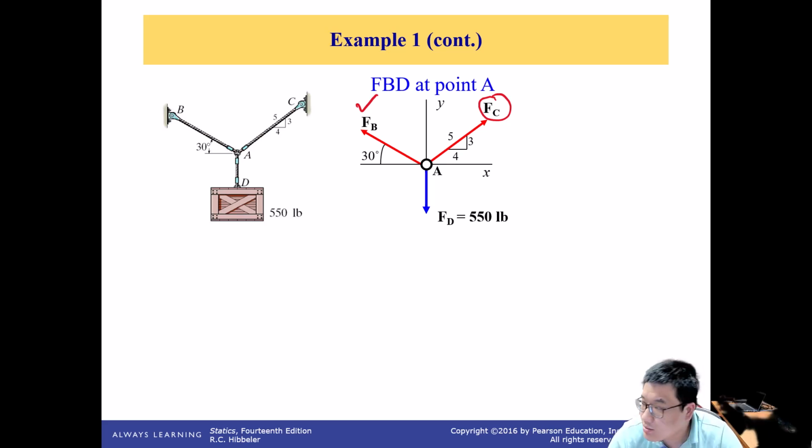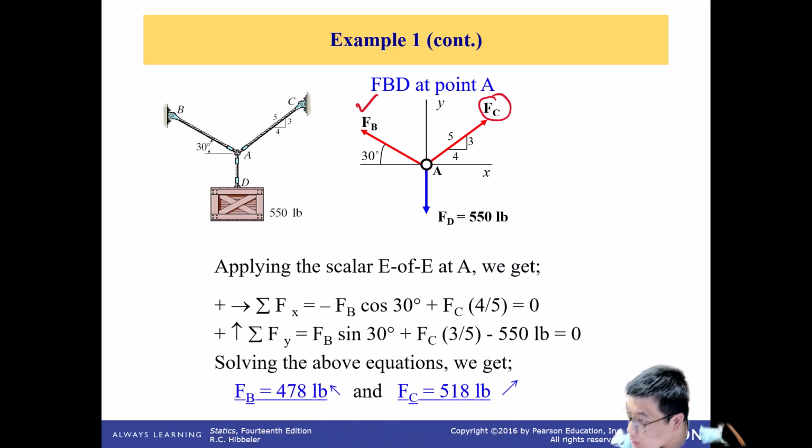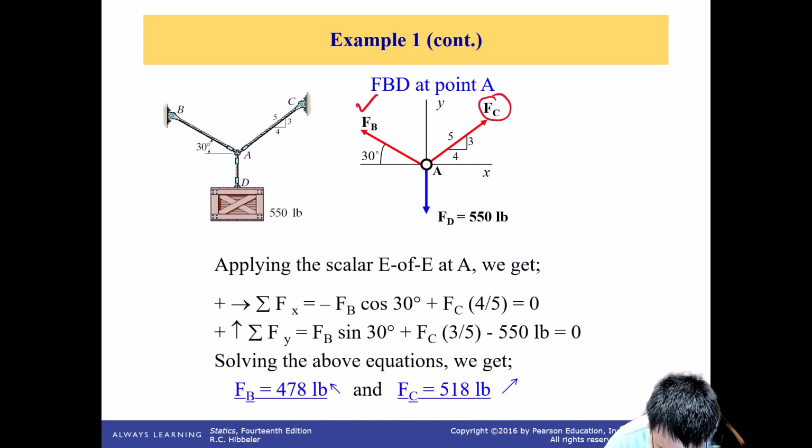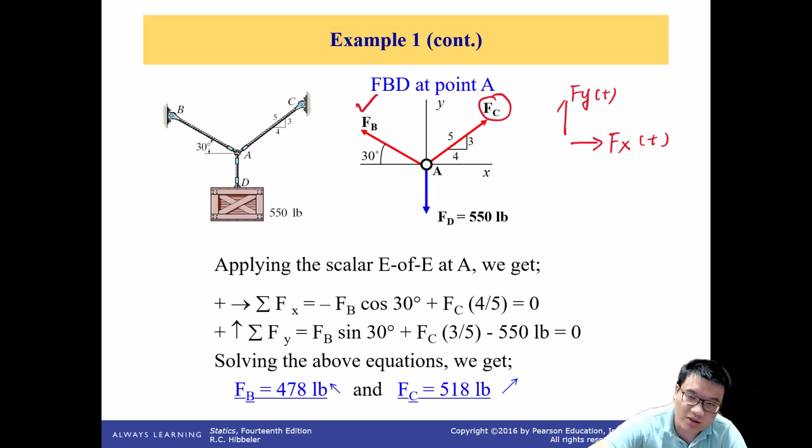As I said before, we have two equilibrium equations for a particle: the sum of Fx equals 0 and the sum of Fy equals 0. We assume the right direction is positive for Fx, and the upward direction is positive for Fy.